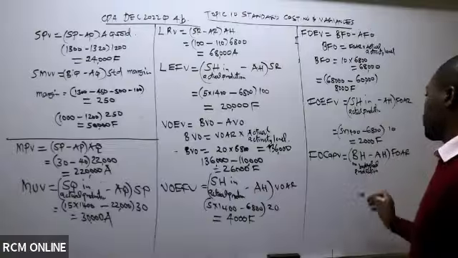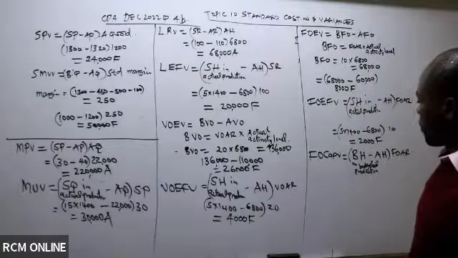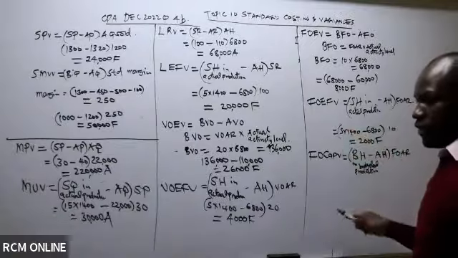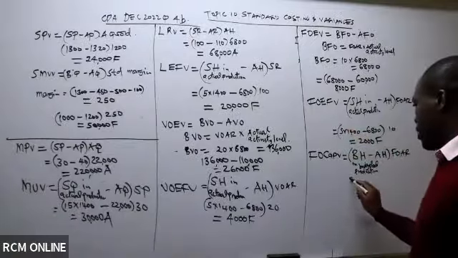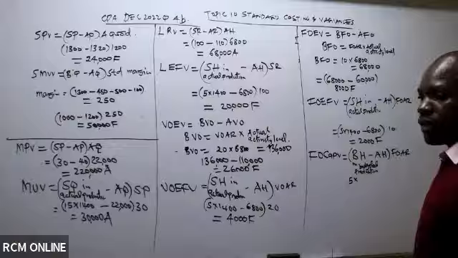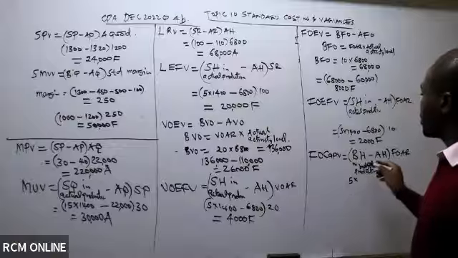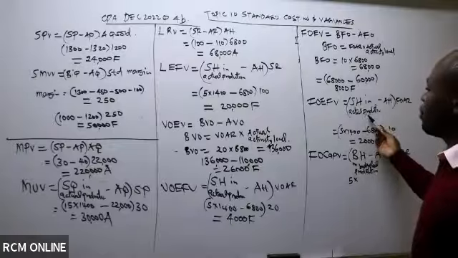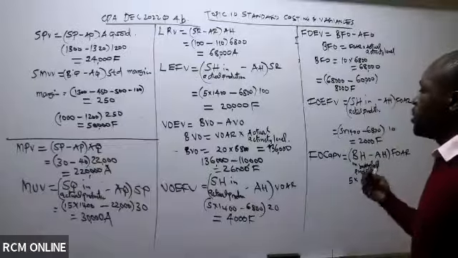I think this will make sense. Standard hours was 5 hours per unit, right? But now it is not multiplied by actual production. It is multiplied by budgeted production.